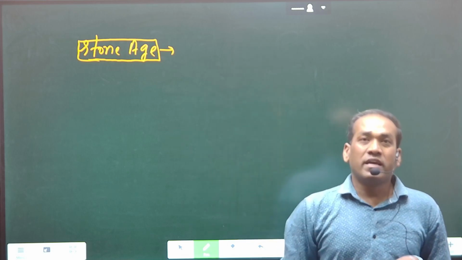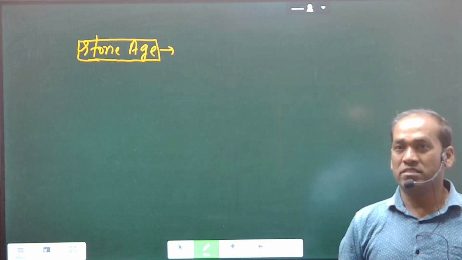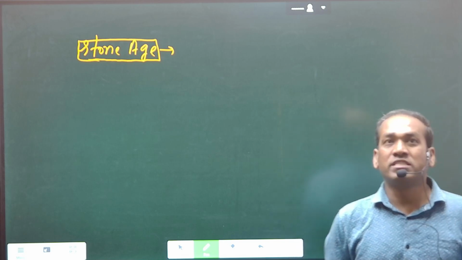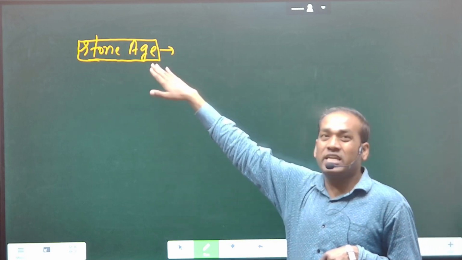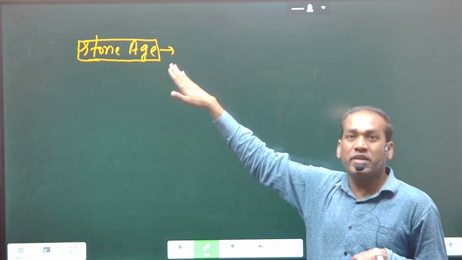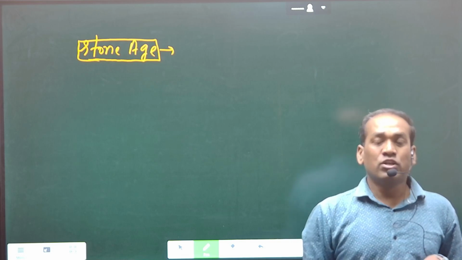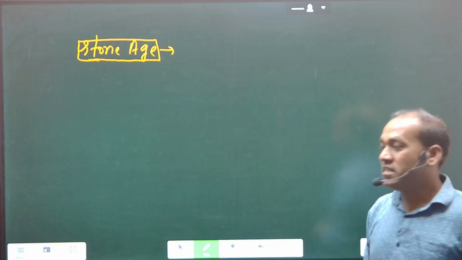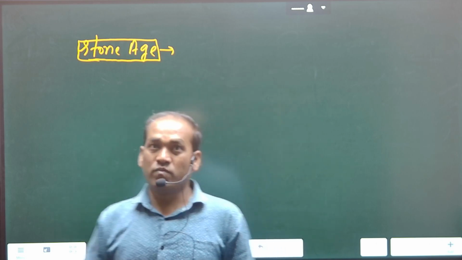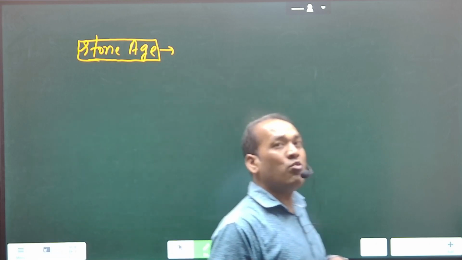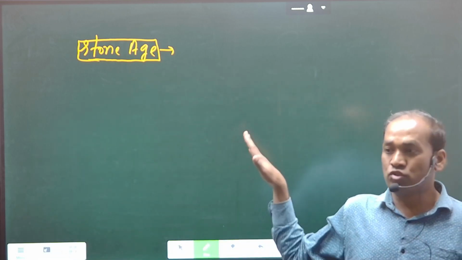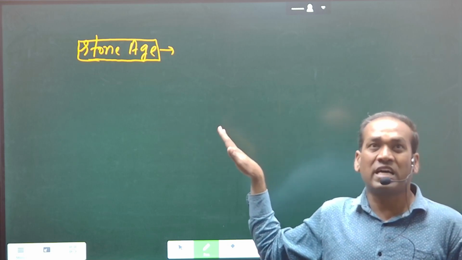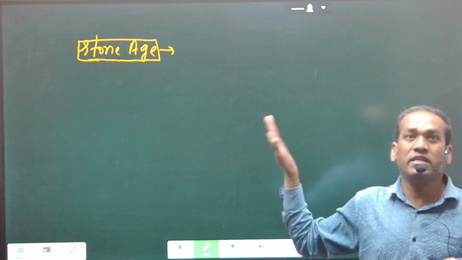Now how can you say, do you have any evidence, that Stone Age culture came in India? Here we will understand how we can say that Stone Age has ever appeared in India.